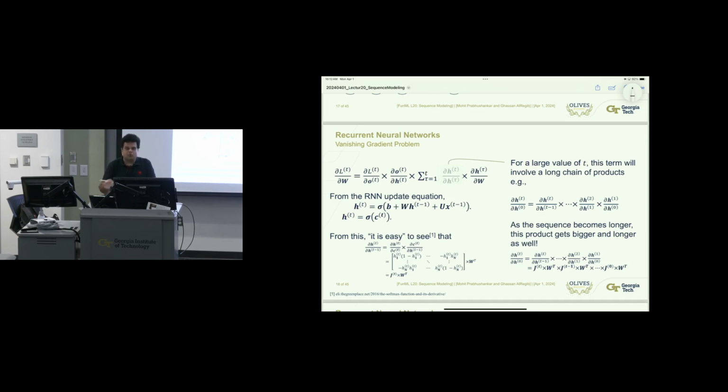Now, if you want to take a mathematical approach to this, your output is going to be something like this: b plus W h t minus 1 plus U x t minus 1, and you have some kind of a sigma. In this case, let's consider it a softmax. If you backpropagate it, it does require a little bit of math, but we're not as concerned with this math portion here.